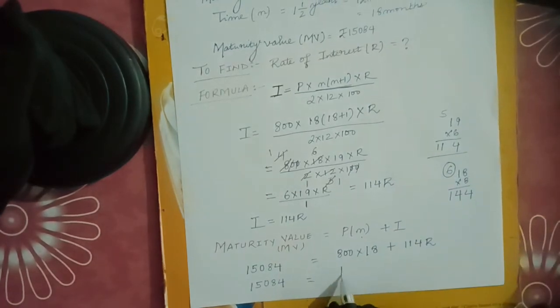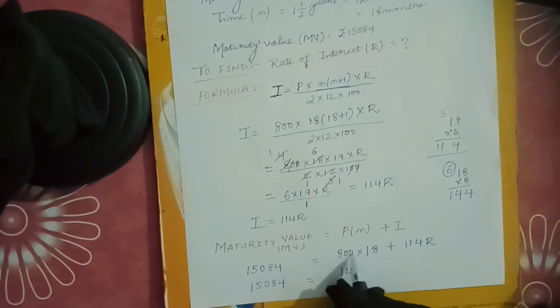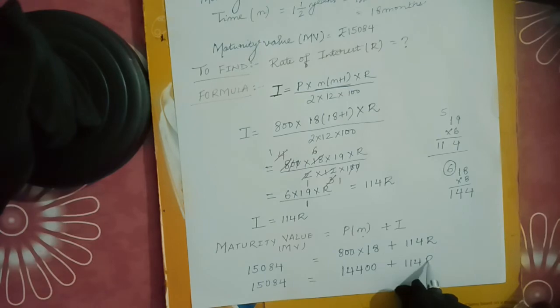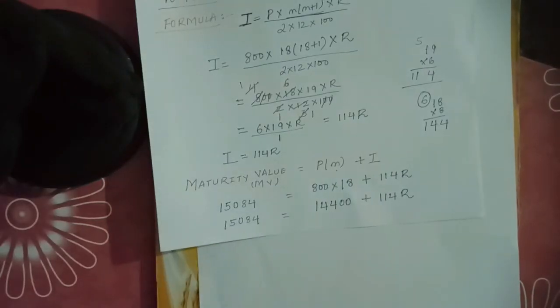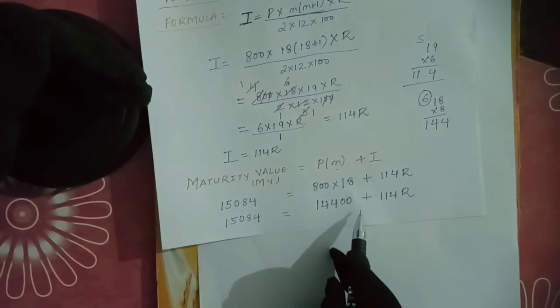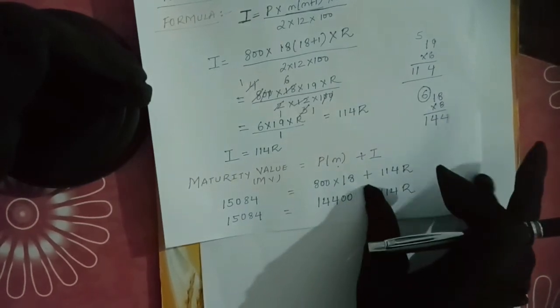So we have got 144 and two zeros we were supposed to add. So in the answer it would be 14400 plus 114R. So here it is 15084 equals 14400 plus 114R.